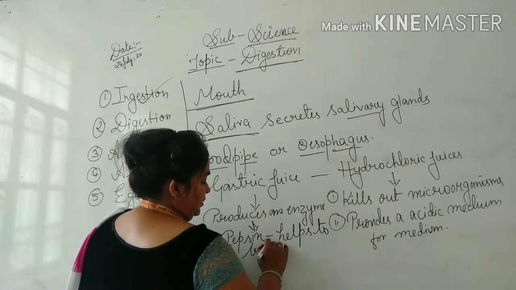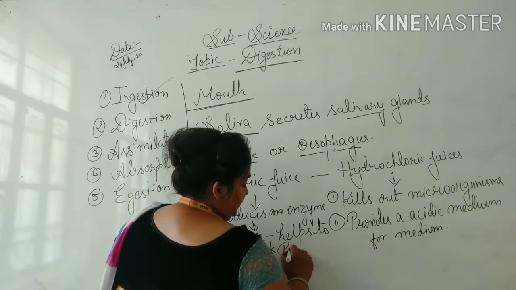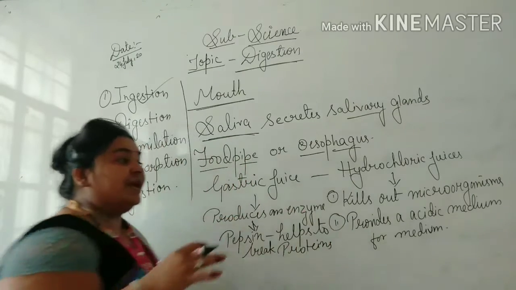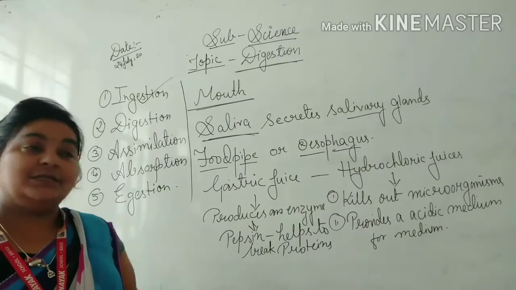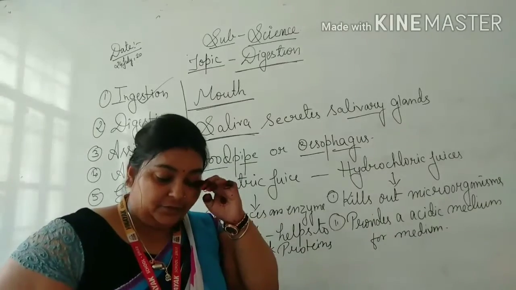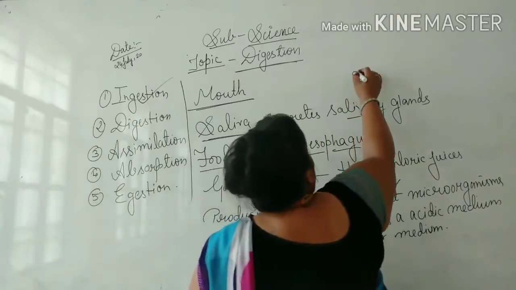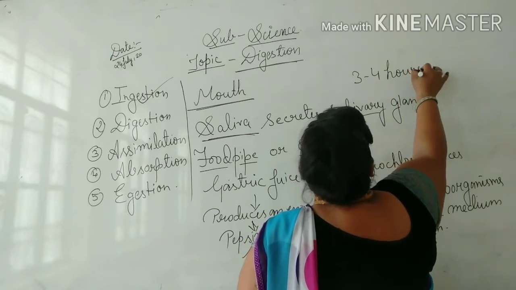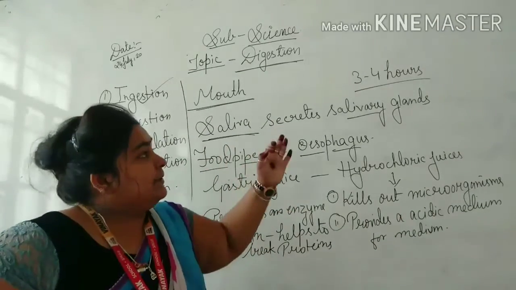It helps to break down proteins into simpler substances, since the food we have taken consists of proteins. Clear? And the food remains in the stomach for at least 3 to 4 hours, depending on the style of our food.